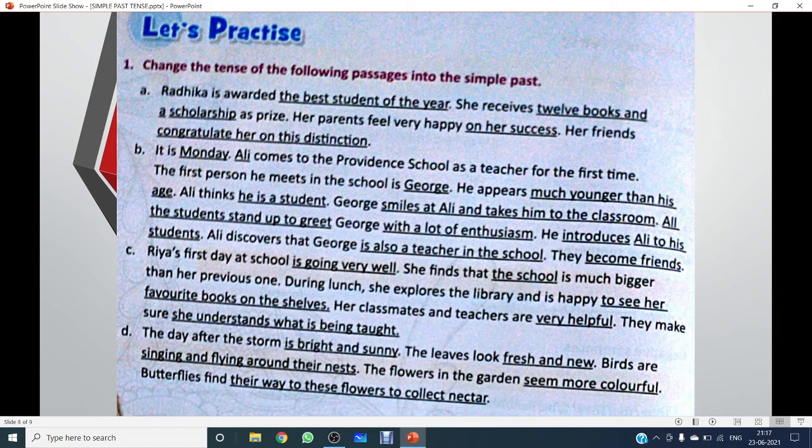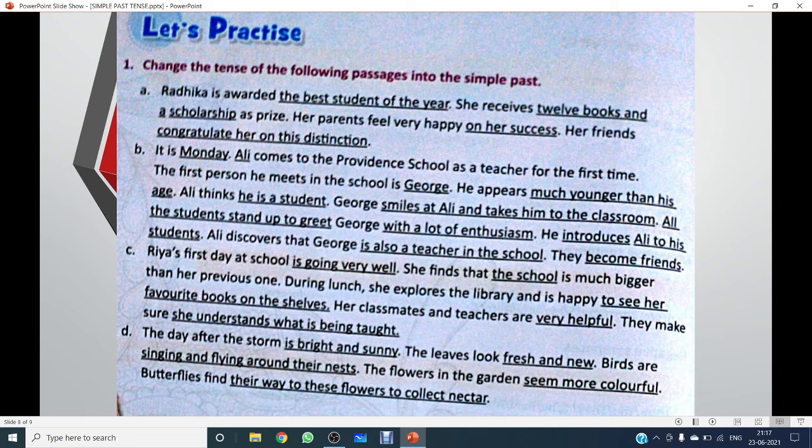Radhika is awarded. What we have to do? Change the tense of the following passages into the simple past. Radhika is awarded the best student of the year. Radhika was awarded the best student of the year. She receives 12 books and a scholarship as prize.